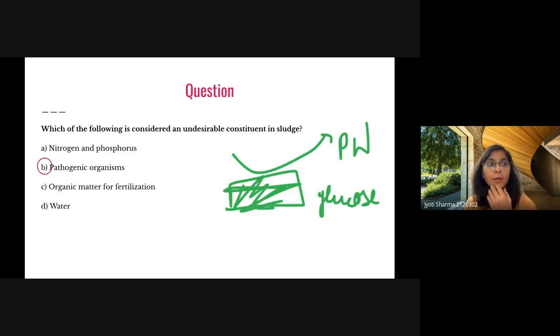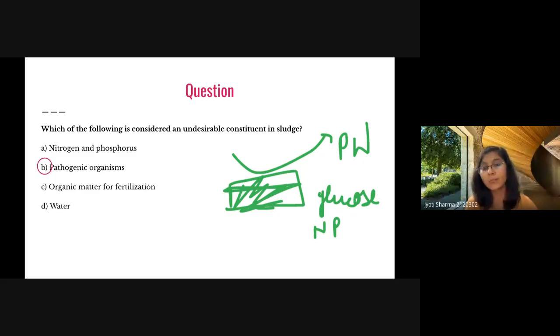If it is a fertilizer industry that is giving you the wastewater, then in that wastewater you may get nitrogen or phosphorus. If you are getting wastewater from pharmaceutical industries, then you can get some organic compounds in it.